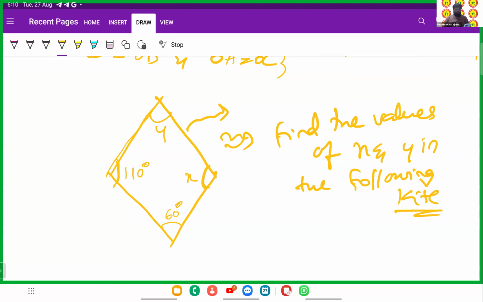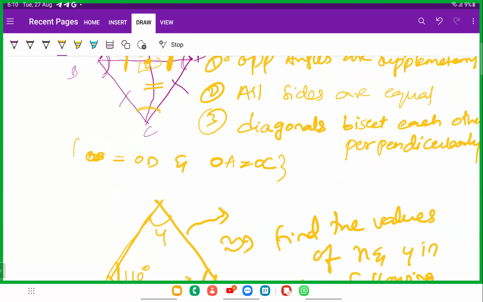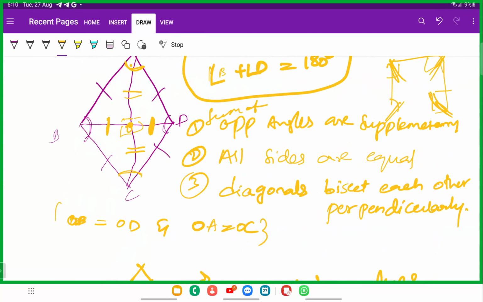Gautam Krishna, what is your doubt? Yes, sir. That question that I just saw in Google, sir. It said that opposite angles are not supplementary in a rhombus, sir, because in a rhombus only the sides are equal.